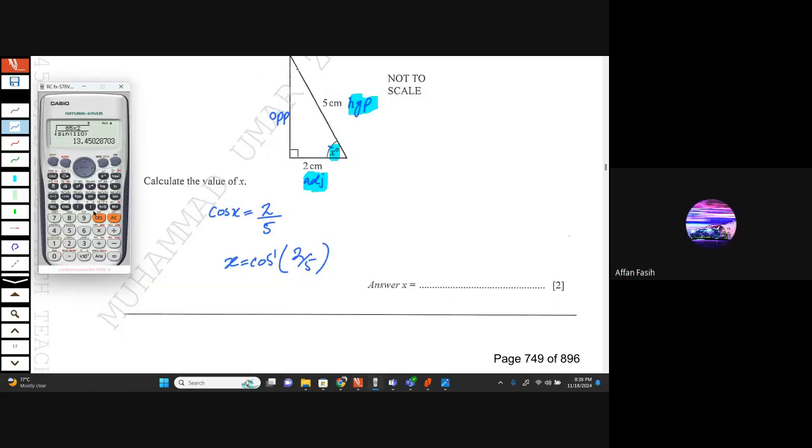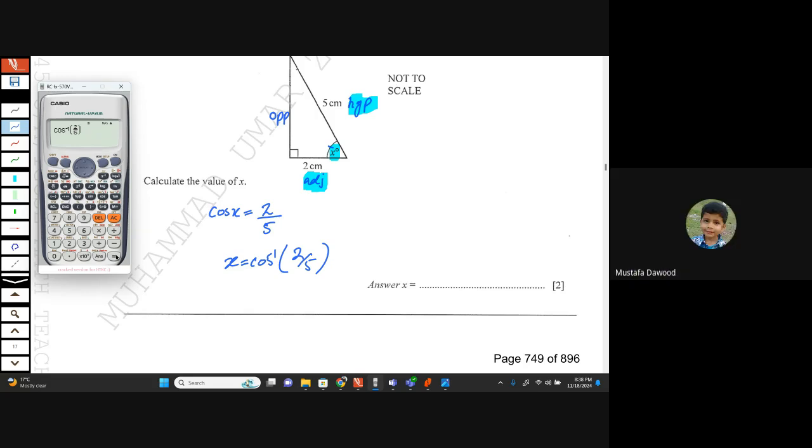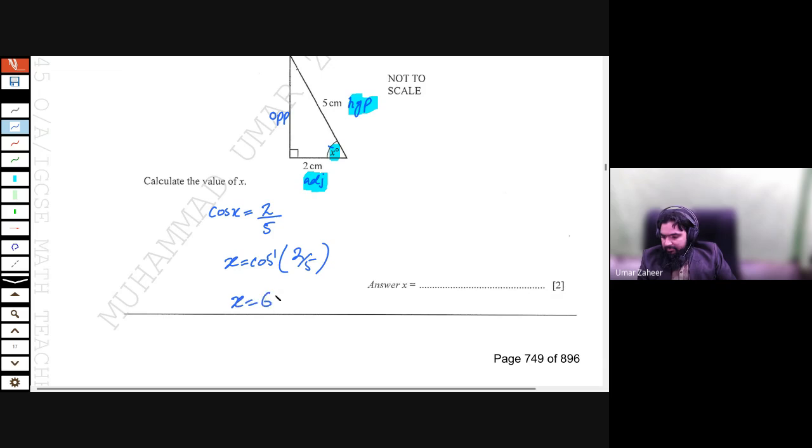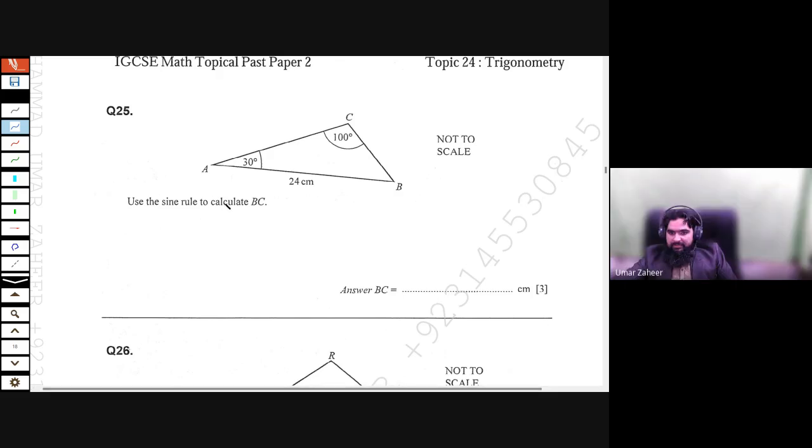So please find the value. Cos inverse of 2 divided by 5 is 66.42 degrees. Yes, Mustafa? Yes, sir, 66.42. Yes, Riva, you are finding the answer as well? Yes, sir.